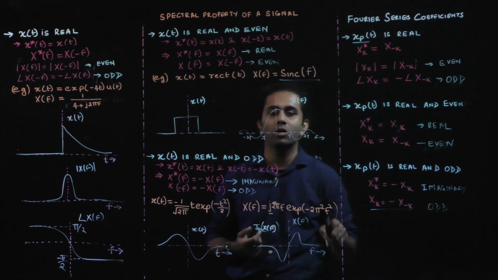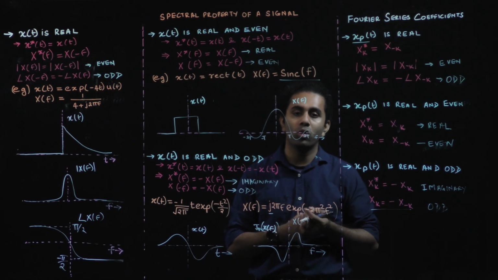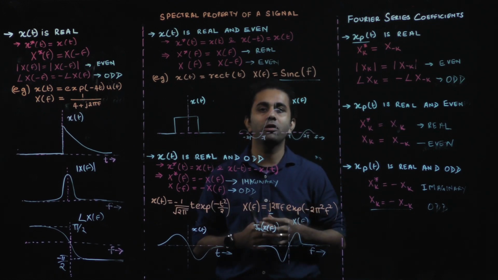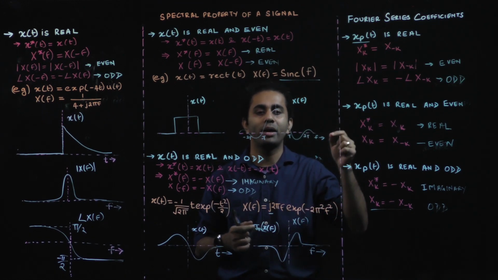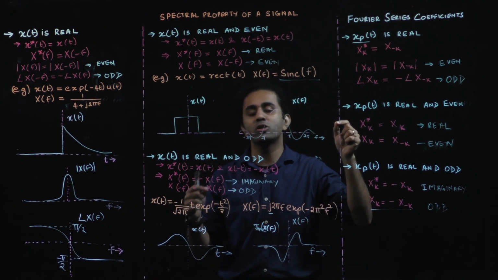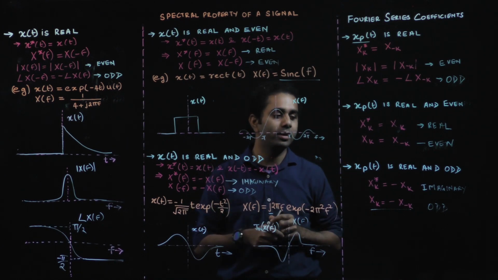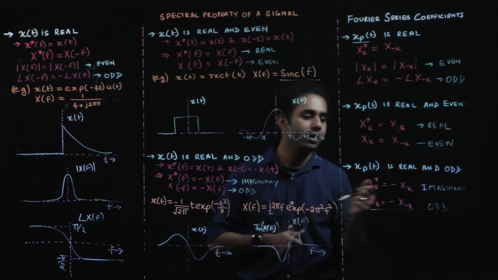So x of k is going to be equal to minus of x of minus k. What that implies is that if x of k at k equal to 1 is 1, then correspondingly x of minus 1 is going to be minus 1 here. So that is what this effectively means.